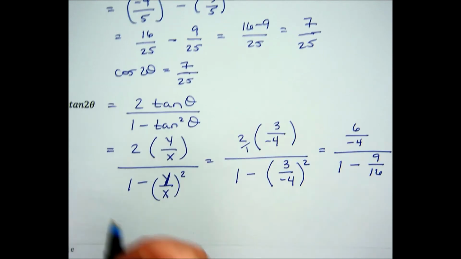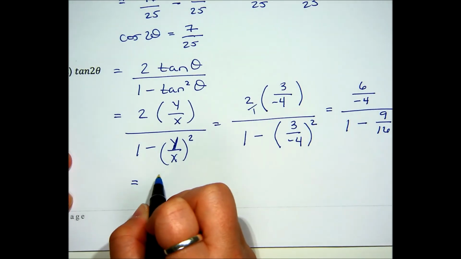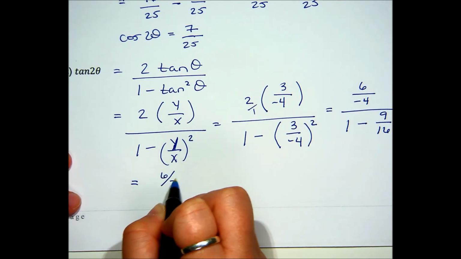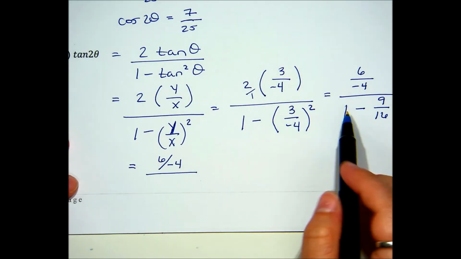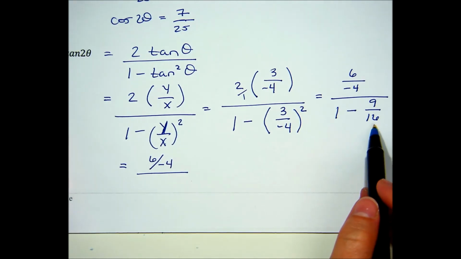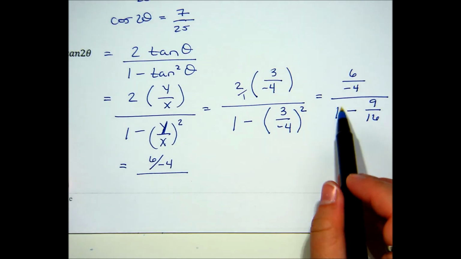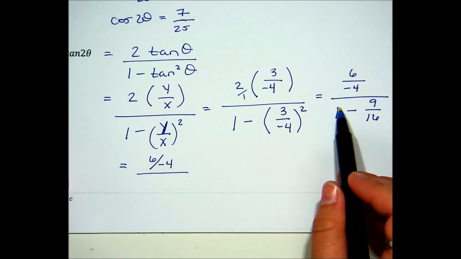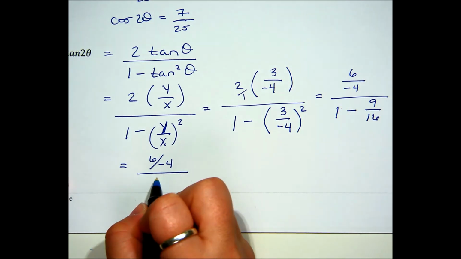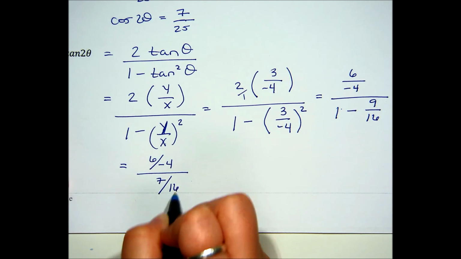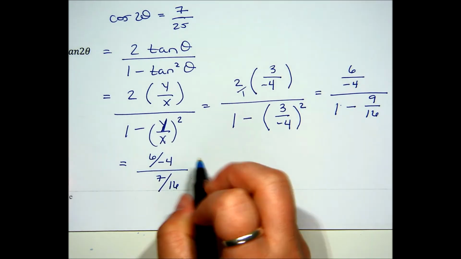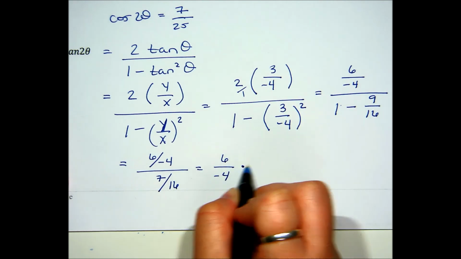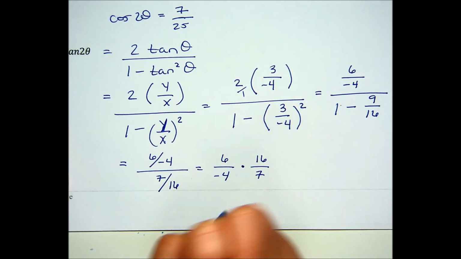So I have 6 over negative 4, over 1 minus 9/16, which will give you 16 over 16 here for the 1. 16 minus 9 will give you 7/16. Fraction division becomes fraction multiplication by multiplying by the reciprocal, or flip, of the denominator.